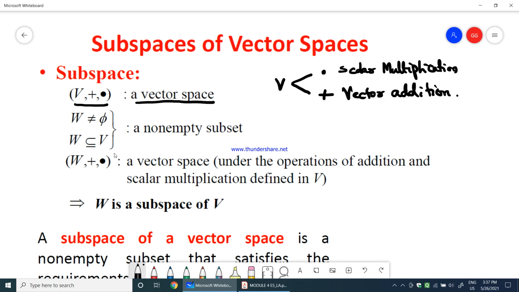Now let me take a subspace W which is non-empty, not equal to the empty set.